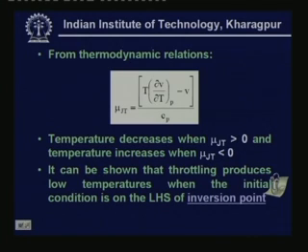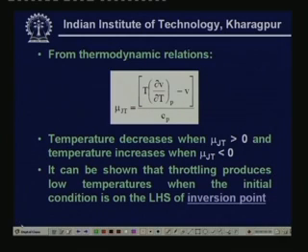So this is the expression for the Joule-Thomson coefficient, and you can easily see that for an ideal gas which obeys the equation PV equals RT, the Joule-Thomson coefficient is 0. You can just check that because T into dou V by dou T works out to be V, right? So V minus V becomes 0.